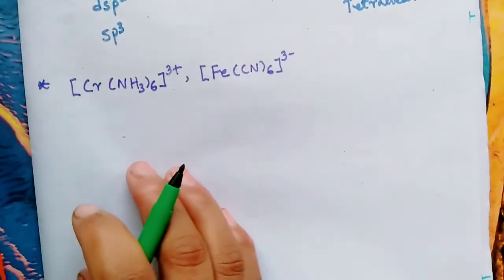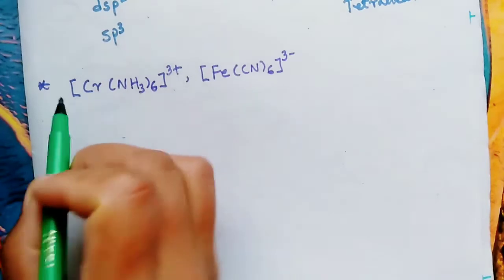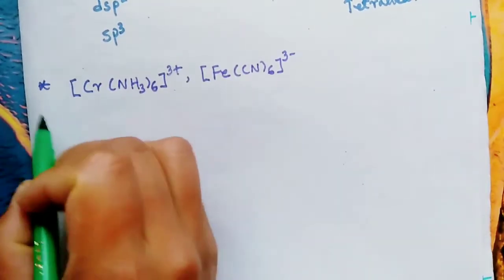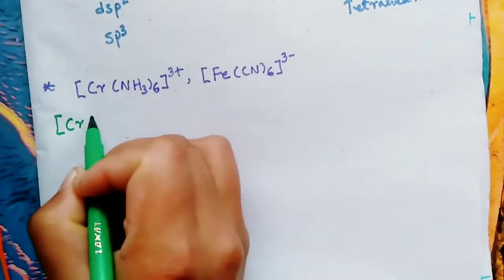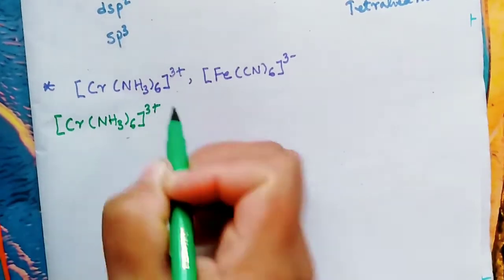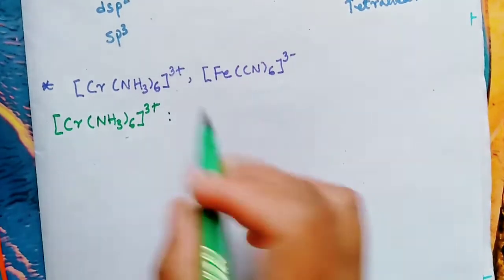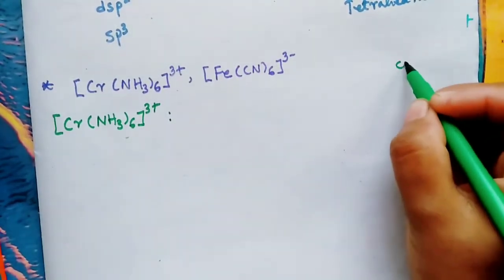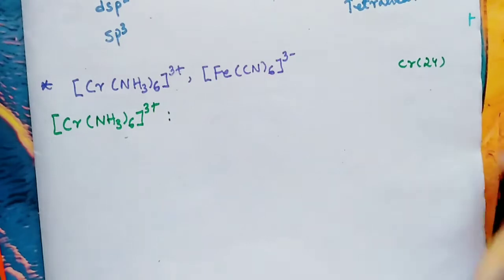The first one is [Cr(NH3)6]3+. You have to know the atomic number. The atomic number of chromium is 24, right?